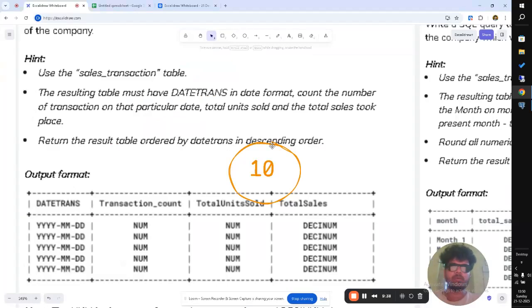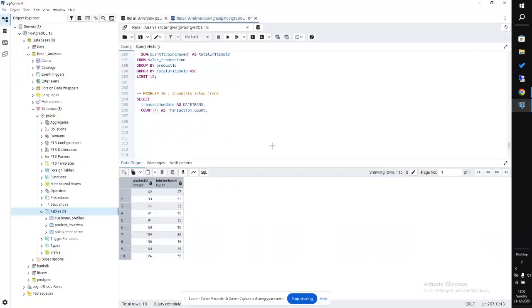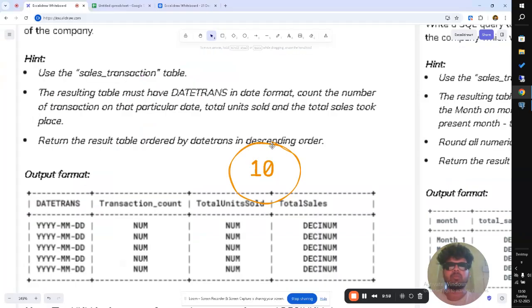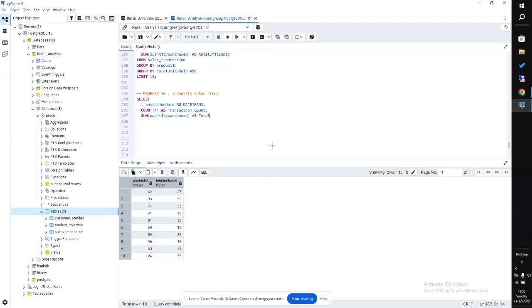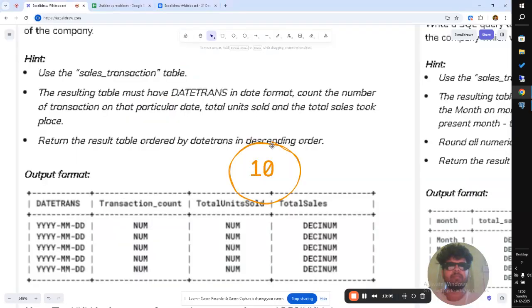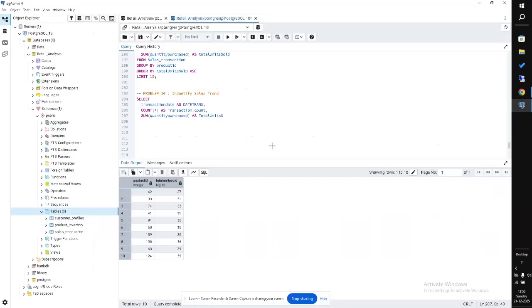So I can say sum of quantity purchased as total units sold.